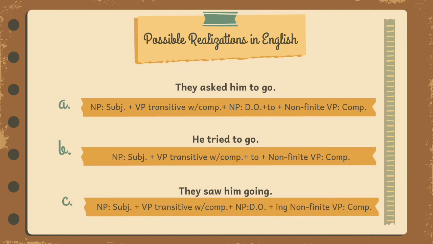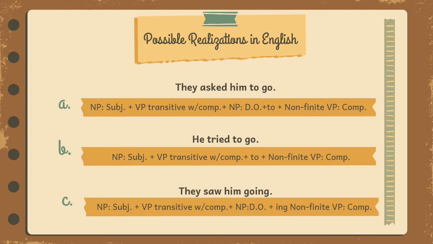NP stands for noun phrase, in this case, noun phrase which includes pronouns as subject. Asked as VP, which means verb phrase, transitive with complement. These are followed by a noun phrase as direct object, him, plus to, plus a non-finite verb phrase, go, as a complement.